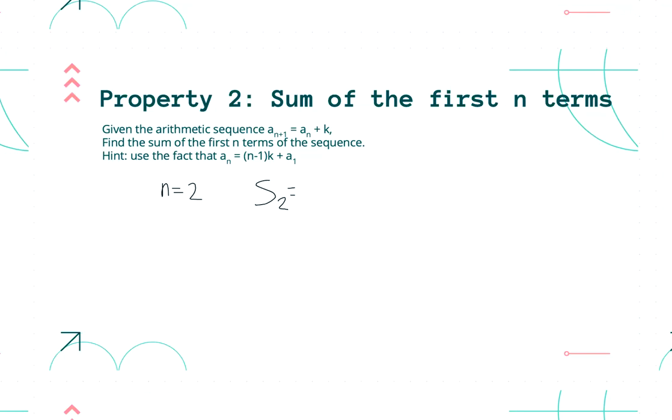So this would give us A1 plus A2, and we know that A2 can be written recursively.